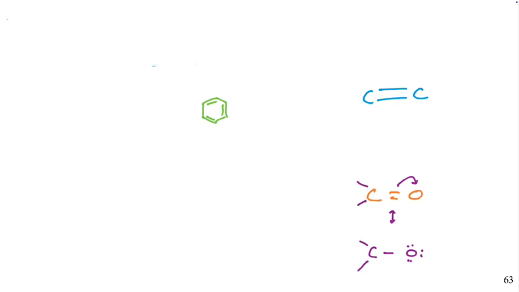Did I draw a resonance structure? I would argue no, I did not draw the resonance structure. I have failed in my duty in drawing a resonance structure. What do I need to fix?